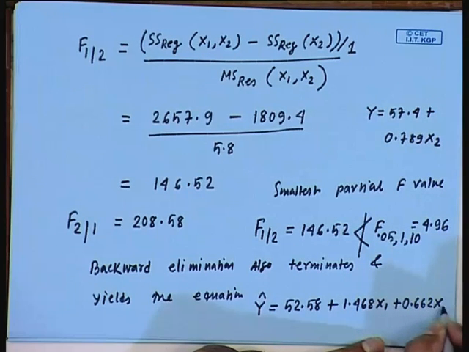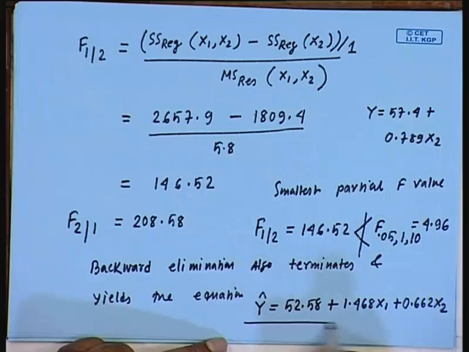So, the output of the backward elimination algorithm for the Hall cement data is that the subset model involving x1 and x2 is the best, okay, according to the backward elimination algorithm. Next, we will be talking about the forward selection.